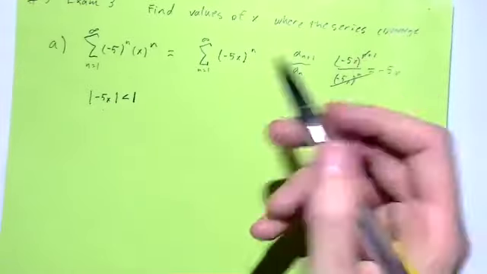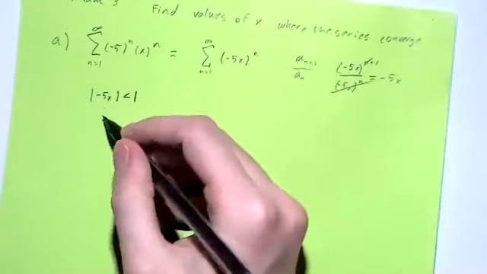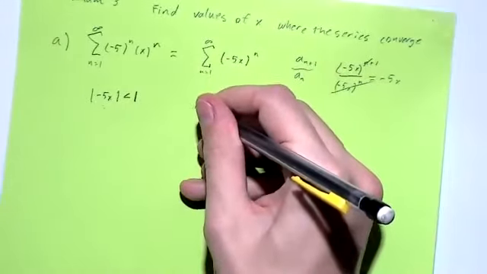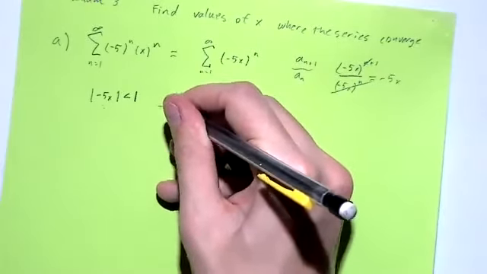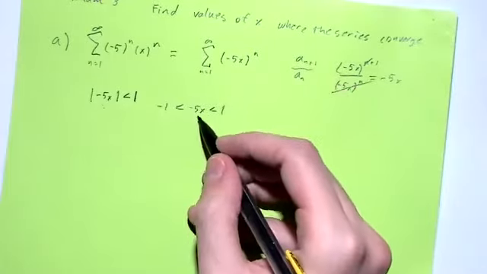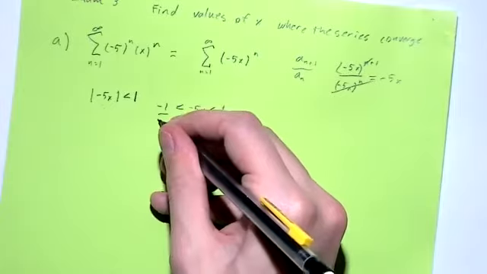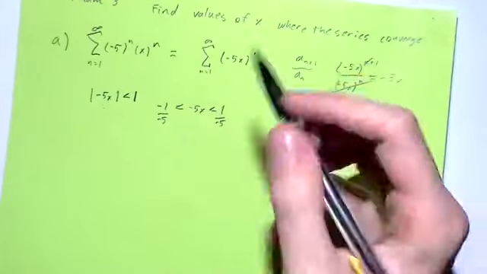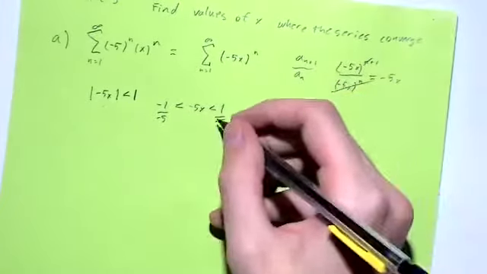So with that, we take -5x, so technically -5x has to be less than 1. And then we divide both sides by -5. And when you divide by a negative, you flip these signs.